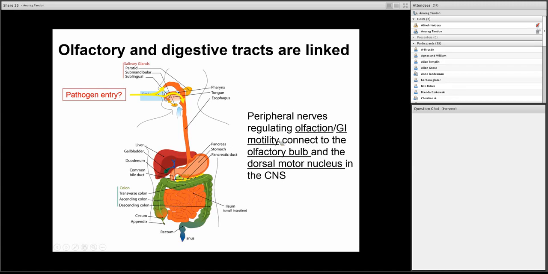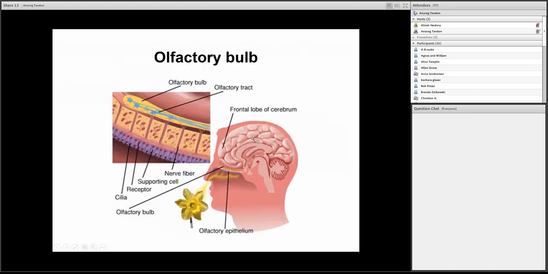The nerves that connect these connect to the olfactory bulb and the dorsal motor nucleus of the vagus that's located in the CNS. And I'm going to show just a couple of slides that demonstrate just how close the olfactory bulb and the olfactory nerves are to the nasal passages. It's actually only a matter of millimeters.